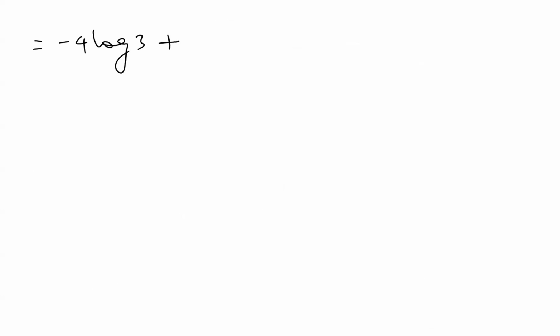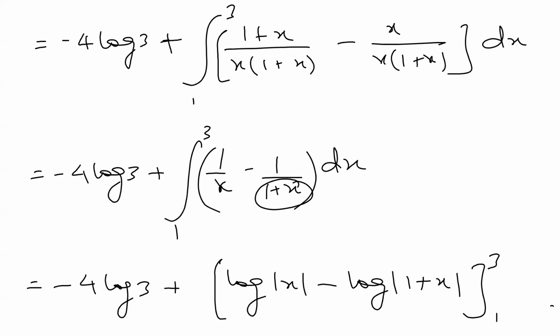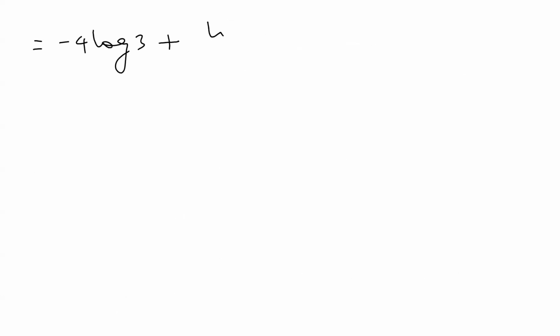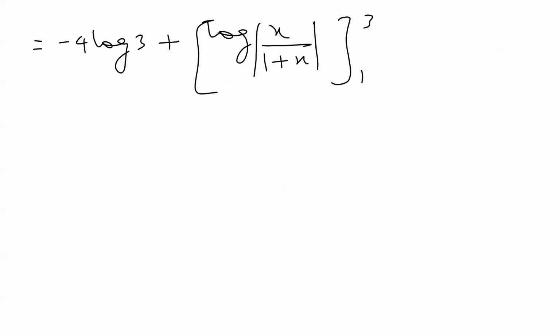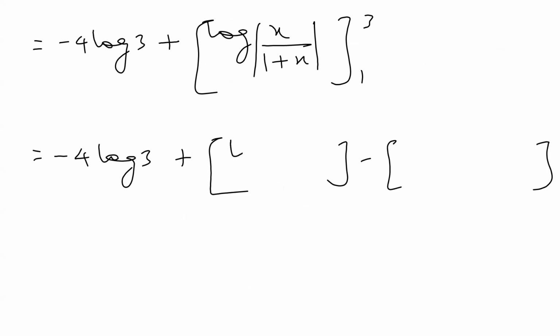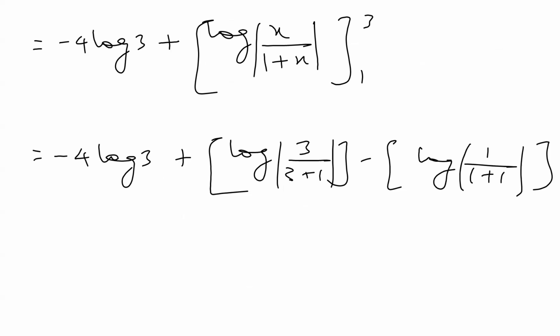Minus 4 log 3 plus log x upon log (1 plus x). Log a minus log b is log a upon b. Minus 4 log 3 plus box minus box, 3 upon 3 plus 1, 1 upon 1 plus 1.